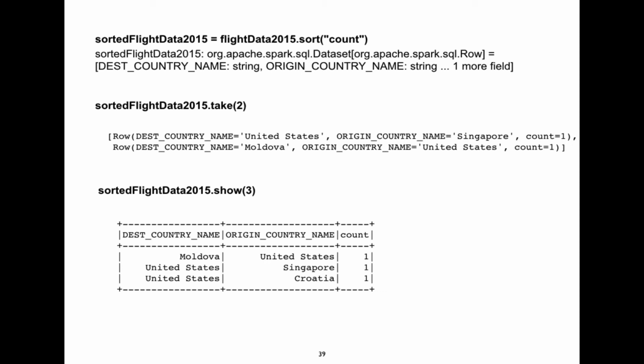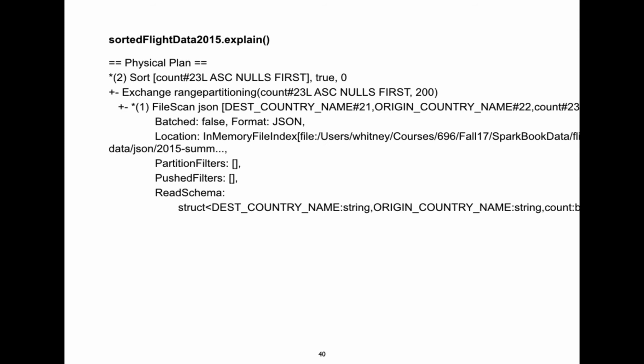And then we also have show, which does the same thing, right? But take just gives me the first two rows, right? Show does a sort of nice, yeah, it shows you the structure, right? Here's the columns, here's the labels. And again, the plan.